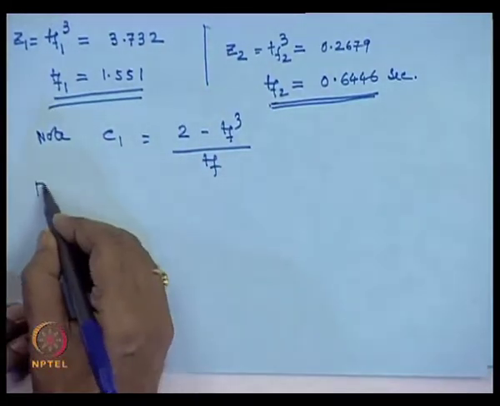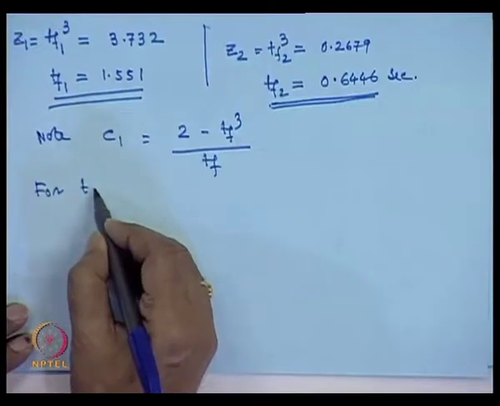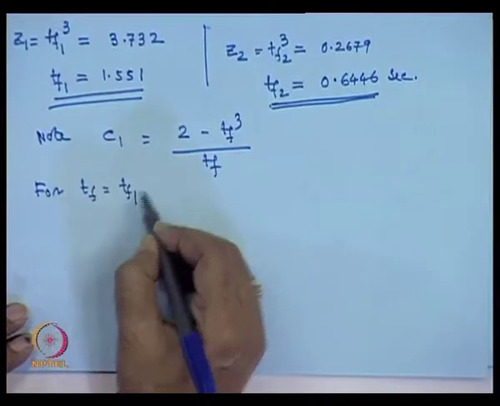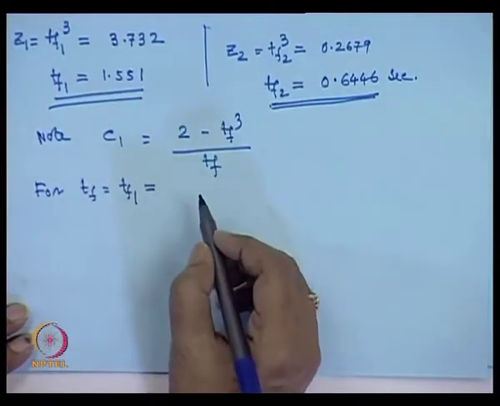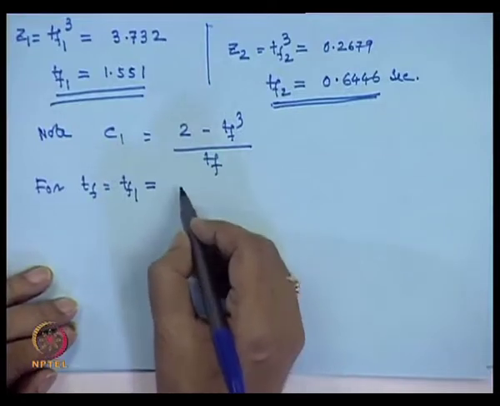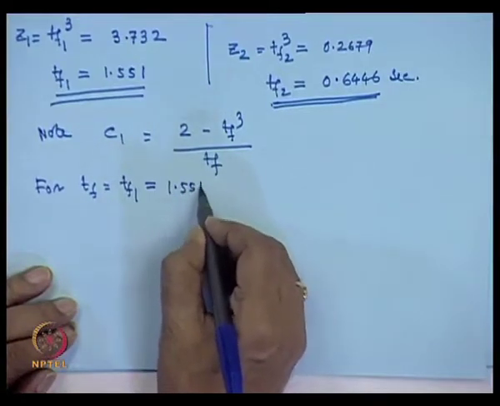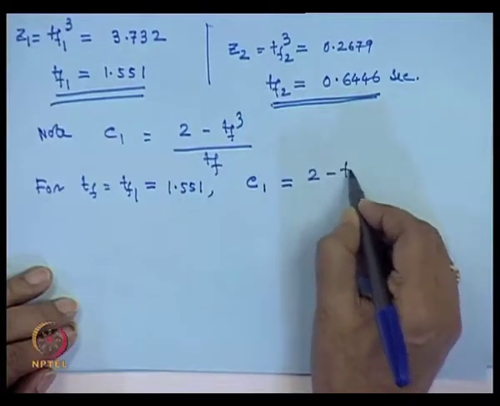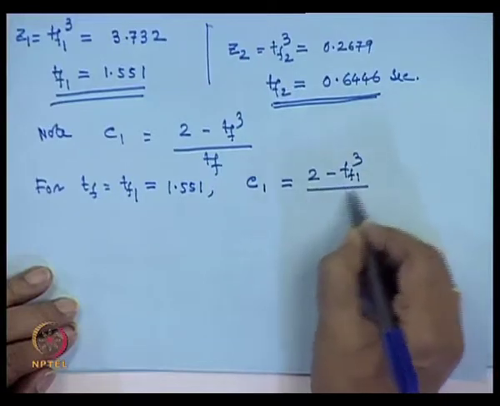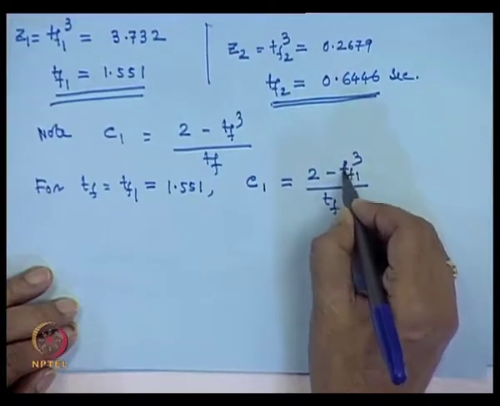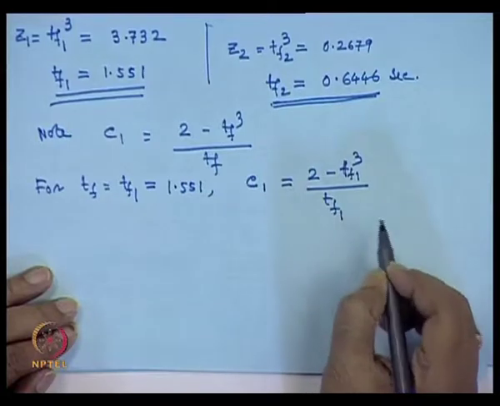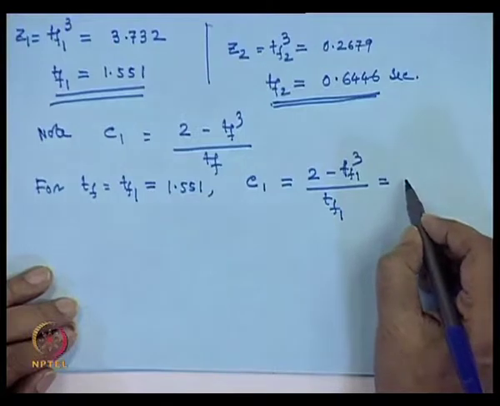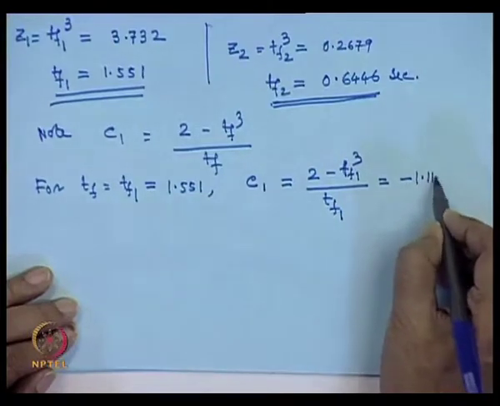For T f equal to T f 1, that is 1.551, you will get the C 1 value as 2 minus T f 1 cube divided by T f 1, okay. That value will come to minus 1.117.